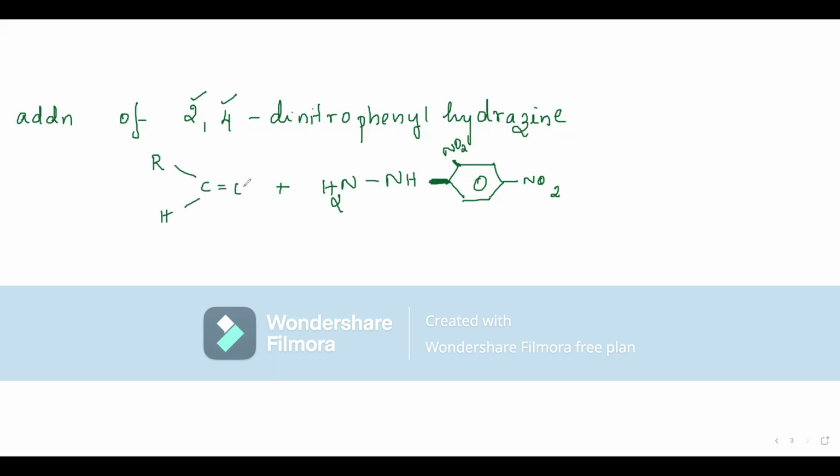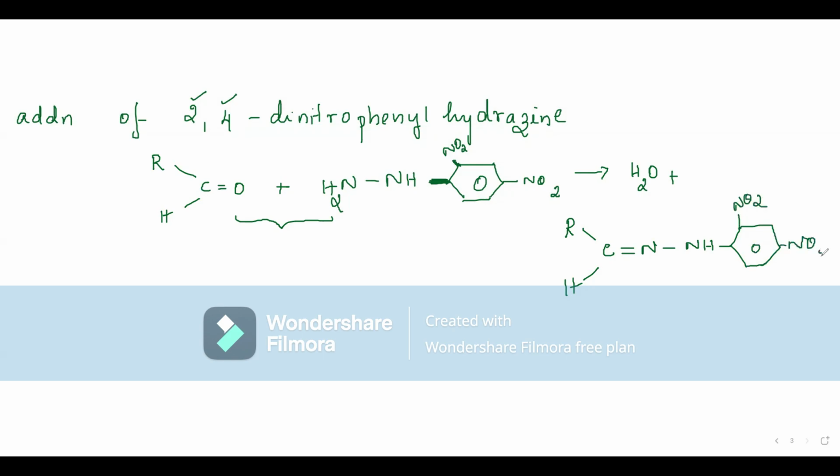RCHO. Again, removal of water. So this eliminates a molecule of water, and there remains RCH double bond N, single bond NH, the ring, and on the second as well as fourth position of the ring, there is nitro group.